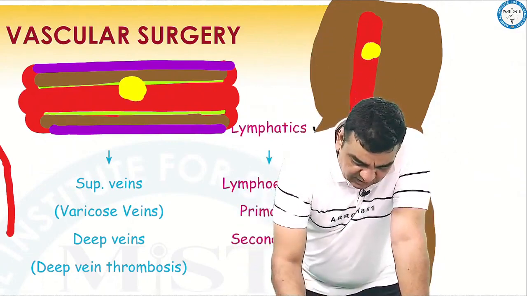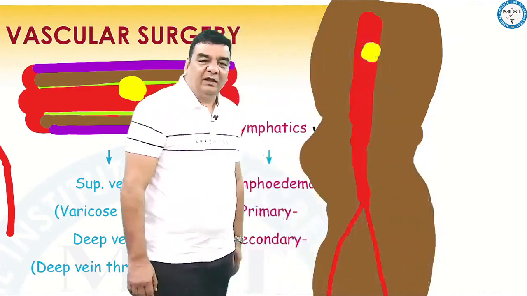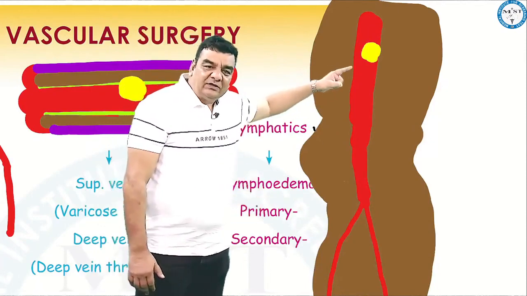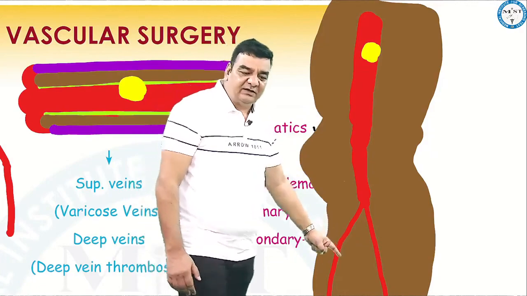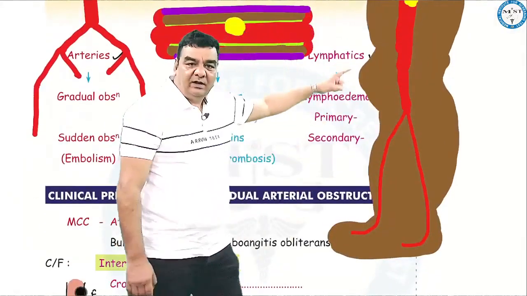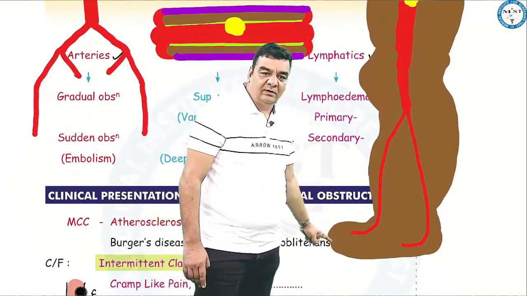And suppose the disease keeps on progressing, there may be a possibility that not only on walking, but even if the patient is at rest, adequate supply is not going and the patient may start experiencing pain in the most distal part, that is the foot.